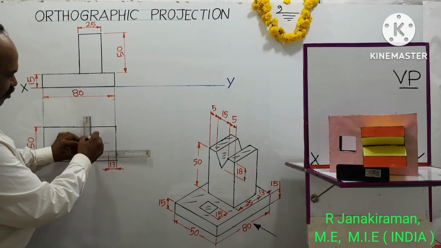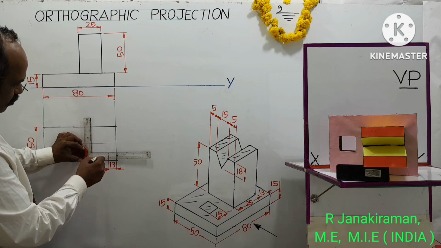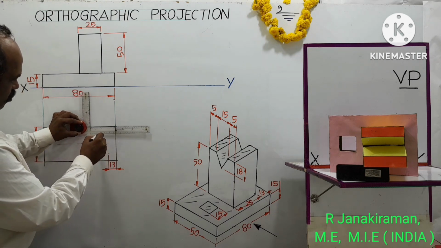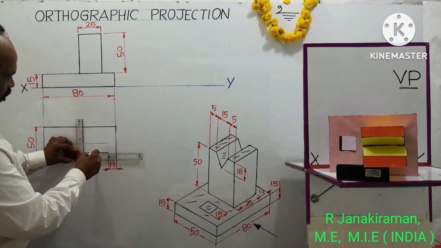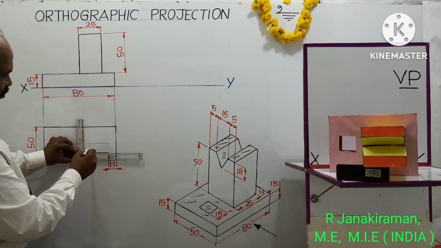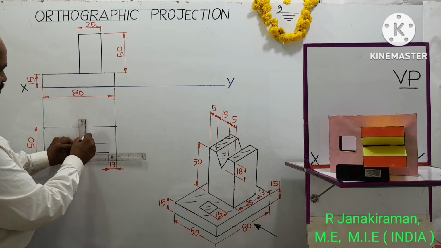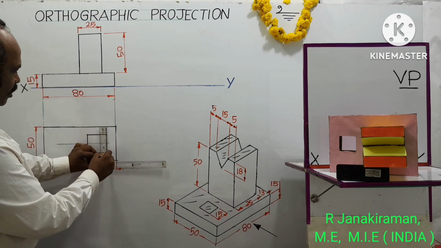That is 12.5 above and below, 25 mm. 12.5, 12.5. There you draw a length equal to 25 mm, 2.5 centimeter. And a vertical line 2.5 centimeter, a horizontal line 2.5 centimeter. And construct this square box.